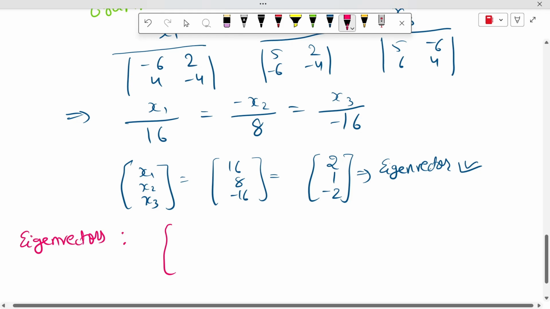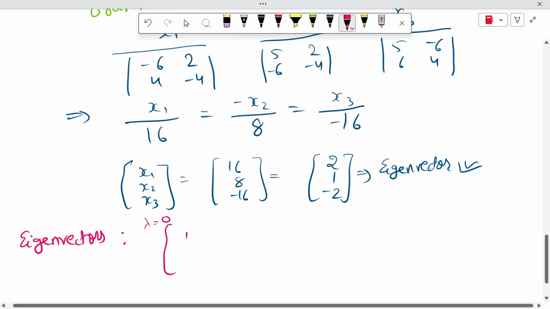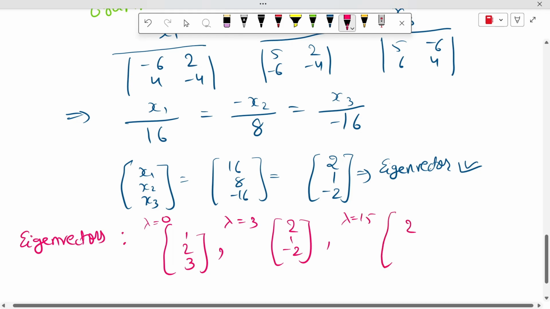For lambda is equal to 0, it will be 1, 2, 3. For lambda is equal to 3, that we have already found, it is 2, 1, minus 2. For lambda is equal to 15, it will be 2, minus 2, 1. So these are our three eigenvectors that we have got.